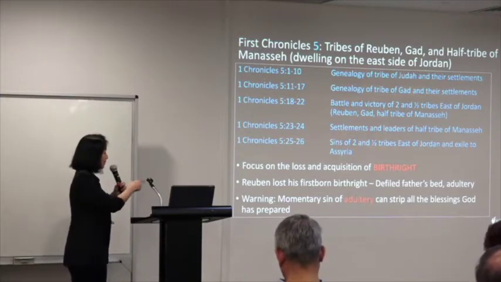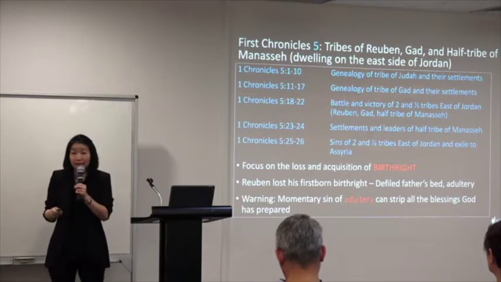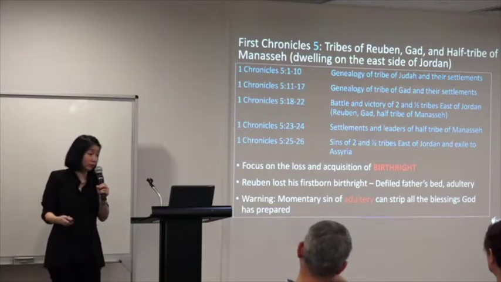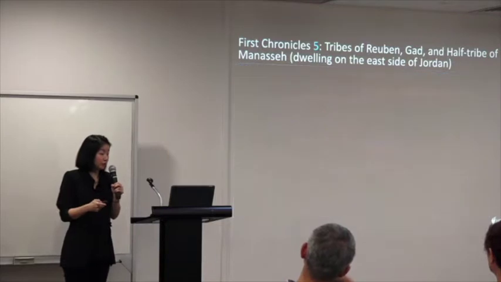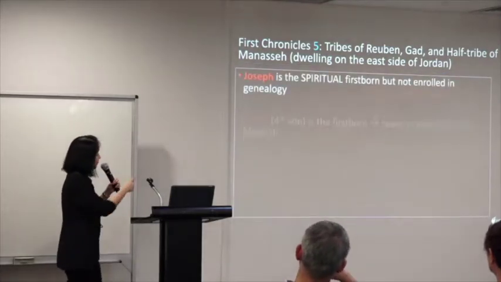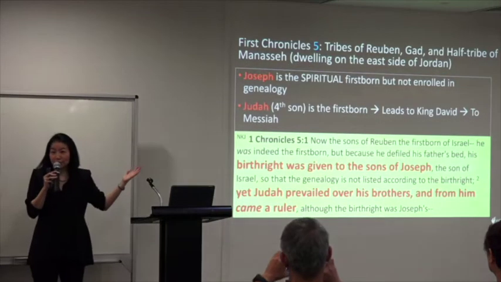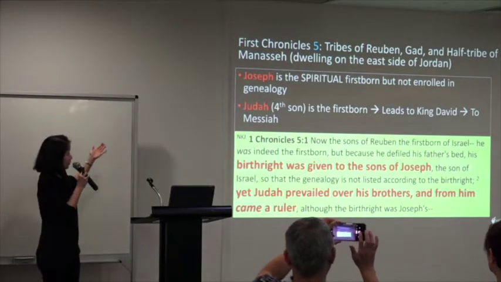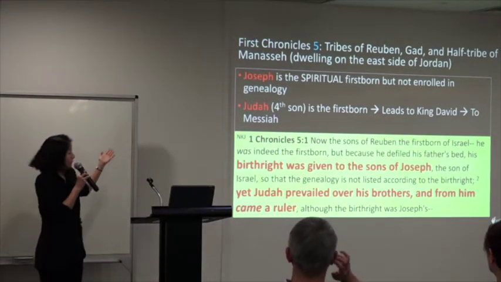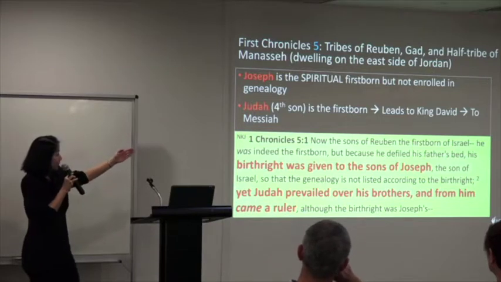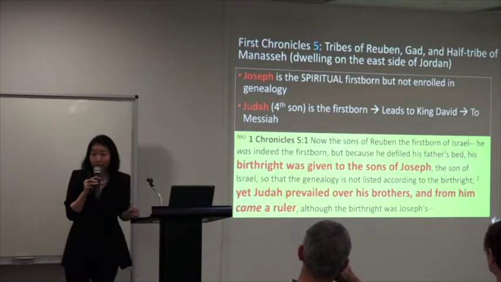So this is something that can strip all the blessings that God has prepared, even if we were firstborns, spiritual firstborns. Now, who is the firstborn after Reuben was removed? We know Judah is. And from Judah came King David, and from King David's line came Jesus Christ.